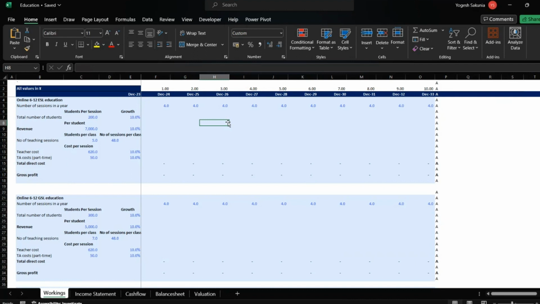So we try to build a model in such a way that whatever formula we put in the first year, we should be able to drag that formula across all the years. So it should take the same time whether you are building a model for 1 year or for 100 years, because once you have built a consistent model for 1 year, you will be able to drag it for all the years. All these things are very important.